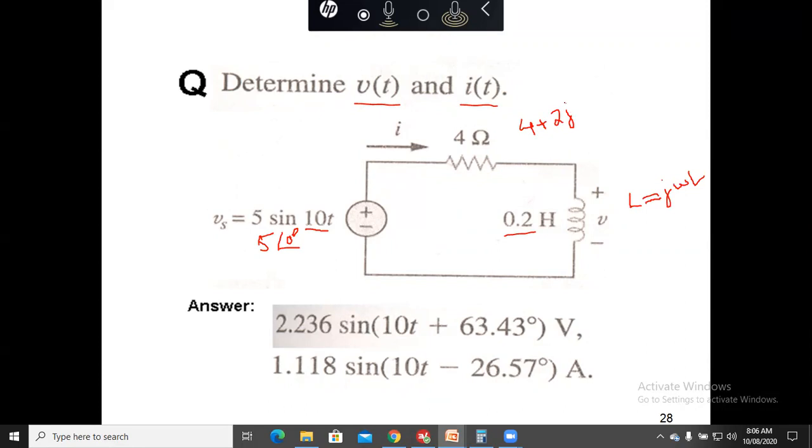So that problem is very simple now. Look at the solution.